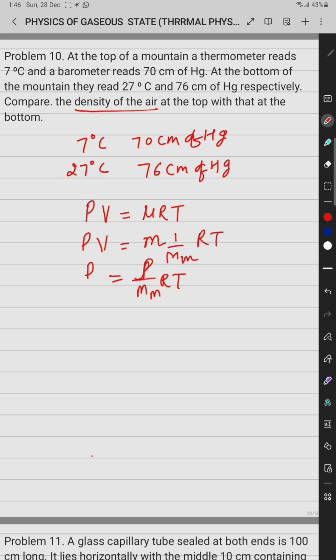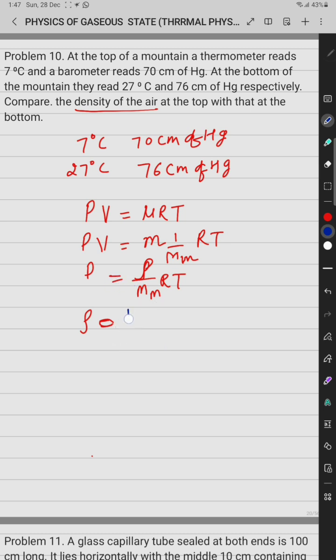So the density is proportional to P by T.